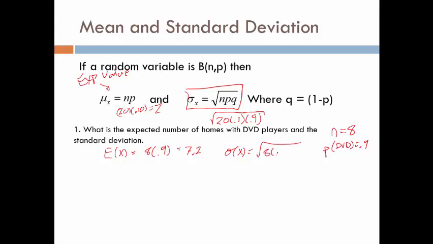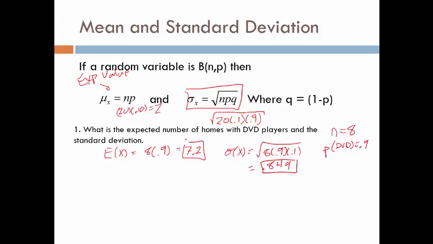So I'm going 8 times 0.9 times 0.1. When I come back and take the square root of that, that is 0.849. So there's your mean and your standard deviation. So in other words, 68% of the groups of 8 houses will have between basically 6.2 and 8.2 DVD players.